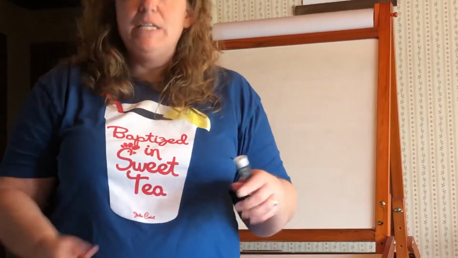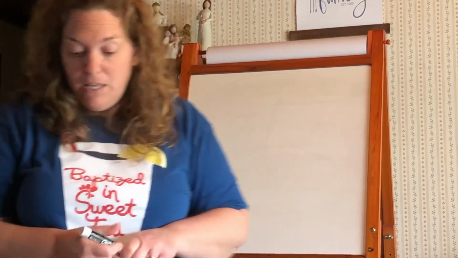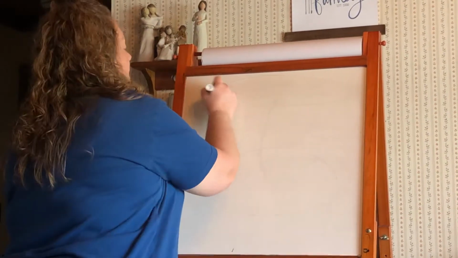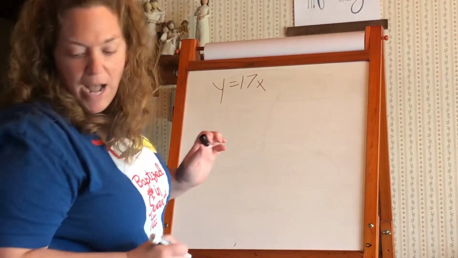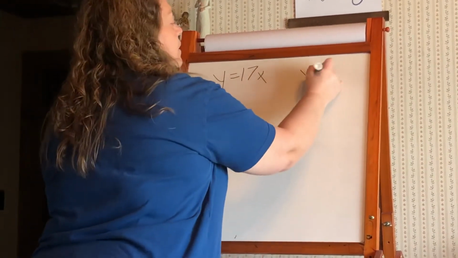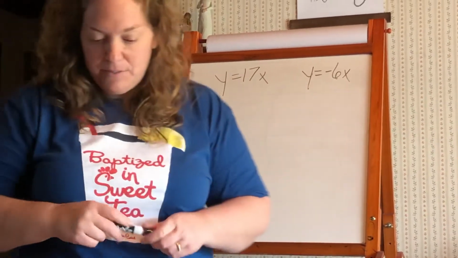And you can use any letters for this, okay? Let's say they've given you 2 functions, okay? On the next page, if you look at page 603, they've given you y equals 17x, and they've given you y equals negative 6x.